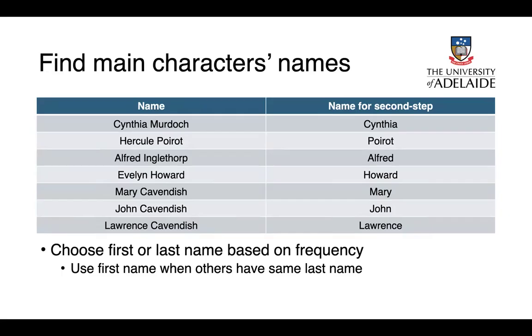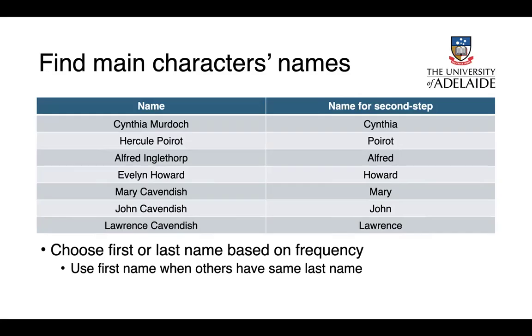After we get their names, we need to choose the first or last name for the second step, and we do it based on frequency. For example, for Cynthia Murdoch, Cynthia appears more often than Murdoch, so we use Cynthia for the second step.